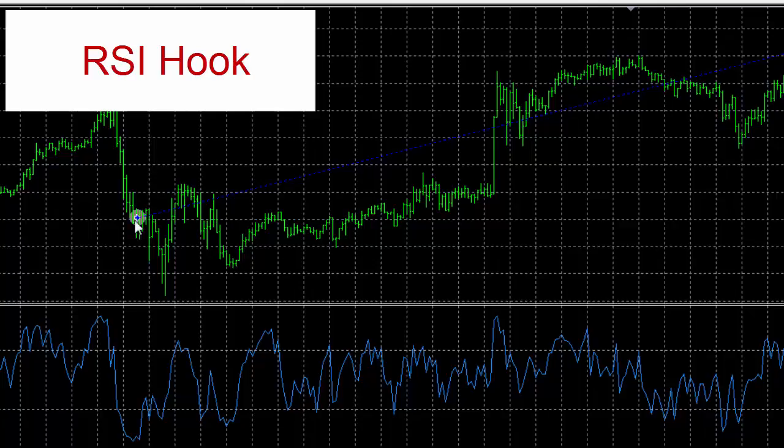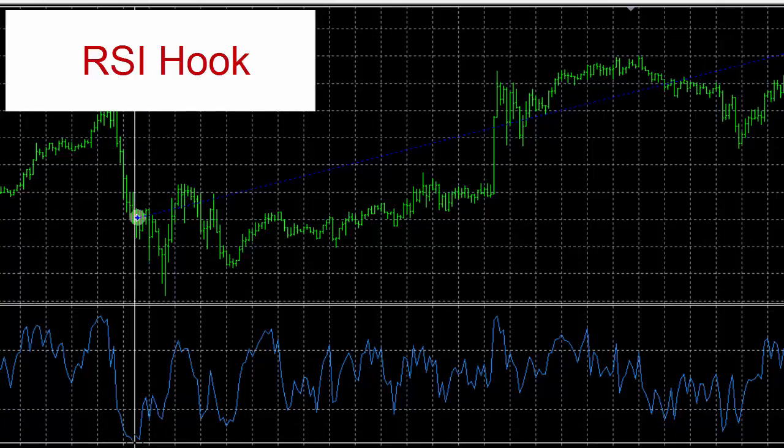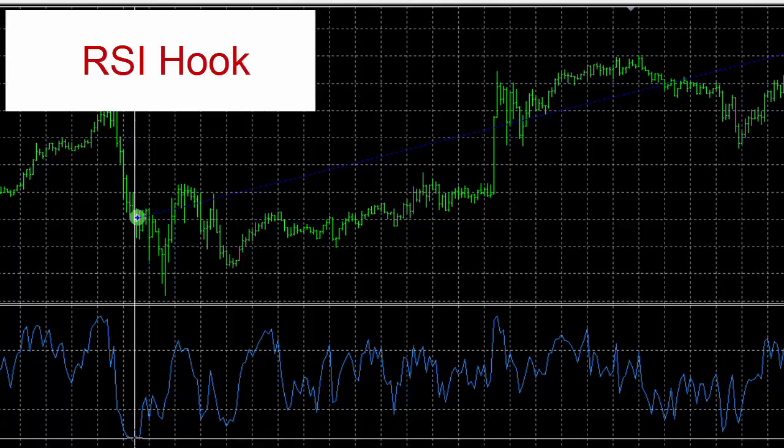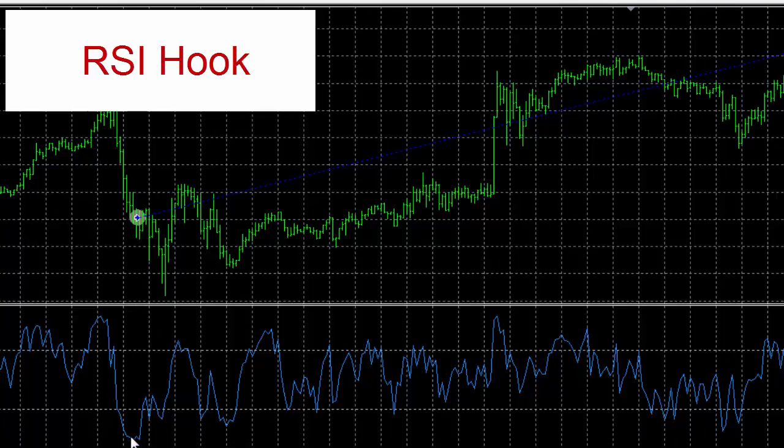So on your screen you can see a buy transaction that has occurred there. And if we look down that buy signal, you can see a hook that has occurred in a quite oversold environment. So there's a small hook, it's not a big one, but it's enough to be a hook in a highly oversold environment, and that then generated that buy transaction.